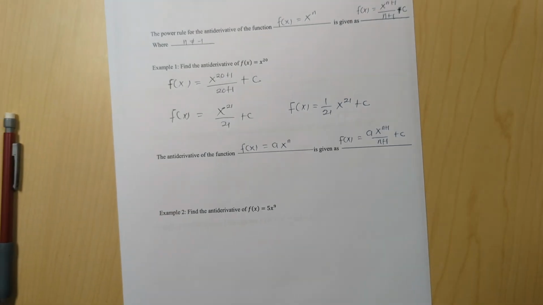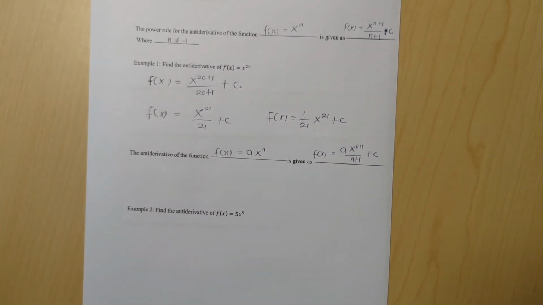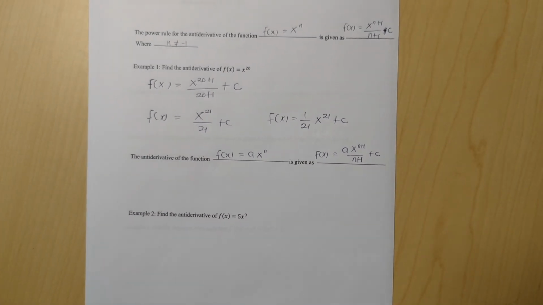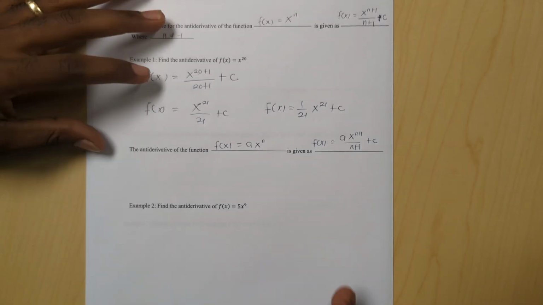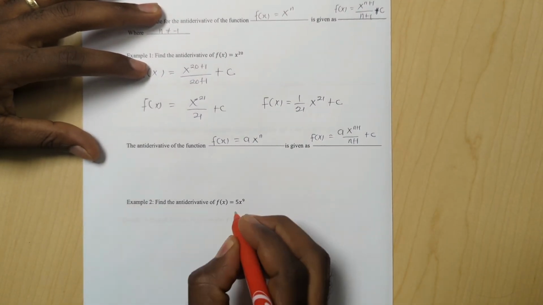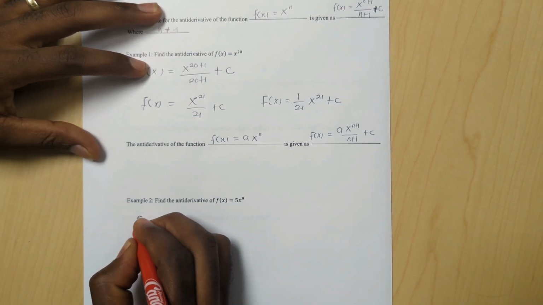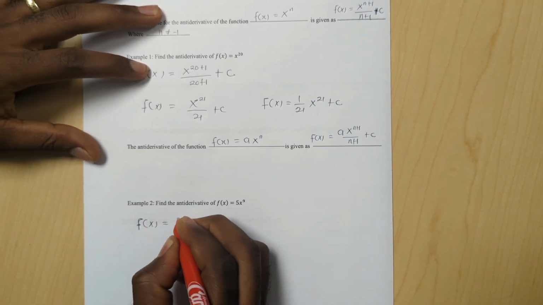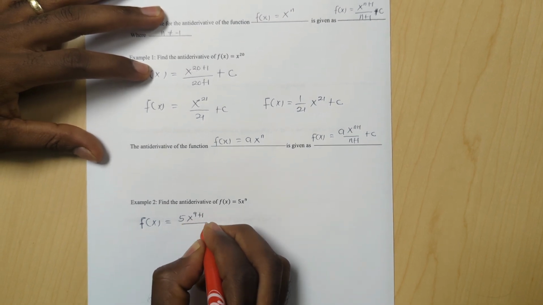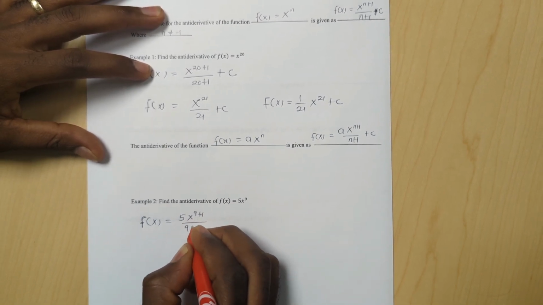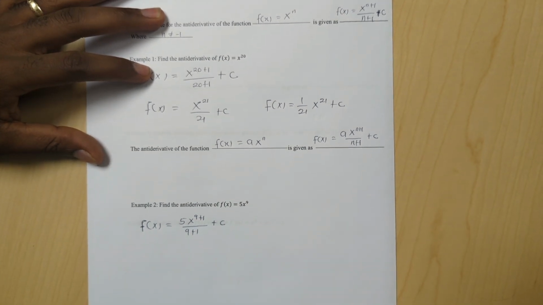So for example, if we have a function f of s where the coefficient is not 1, it doesn't matter. We just have to apply the power rule as we are doing. So the antiderivative of this function, that's capital F of s, will just be 5s exponent 9 plus 1 divided by 9 plus 1, then plus our constant, which people call the constant of integration.